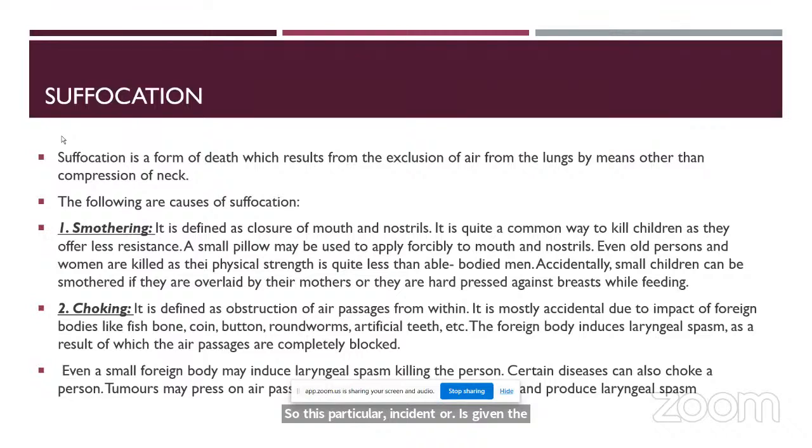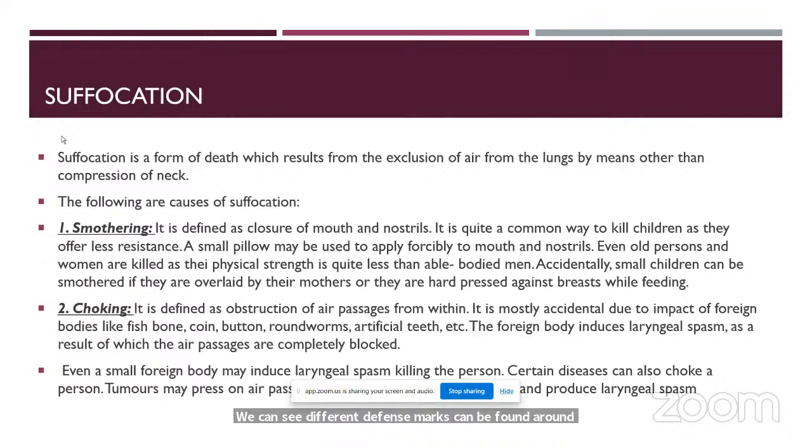Now, when we talk about the post-mortem findings, external or internal, choking is generally homicidal in nature, because one person cannot choke himself with something. In homicidal smothering, effects produced by any forcible closure of the mouth or nostrils, abrasions or contusions around the mouth or nostrils can be found, or we can say defense marks can be found around the face.